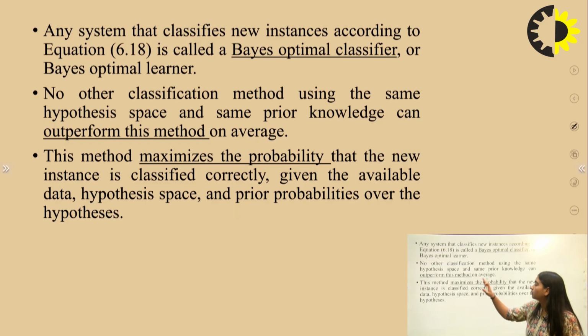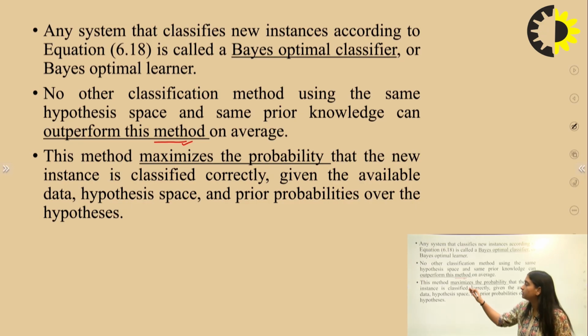Now no other classification method can outperform this method. It gives you impeccable results. No other classification method using the same hypothesis space and prior knowledge can outperform this particular method. But there is some limitation or disadvantage of this method, and we'll discuss that later on.